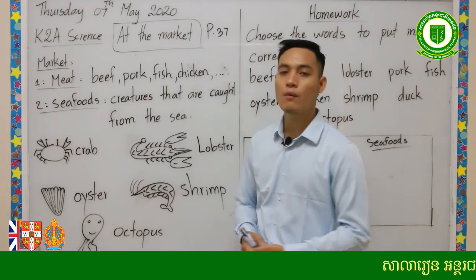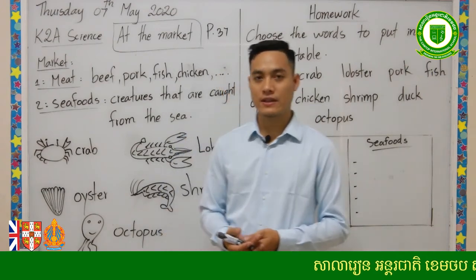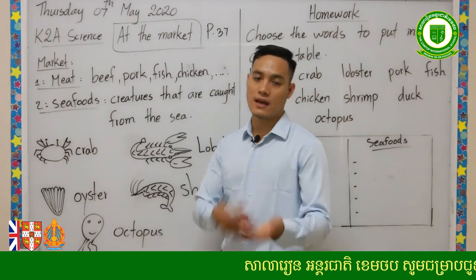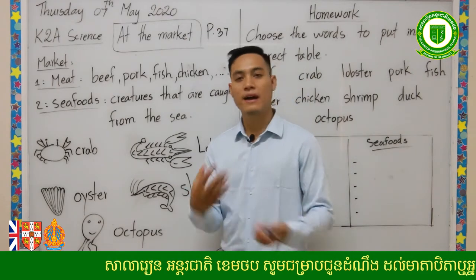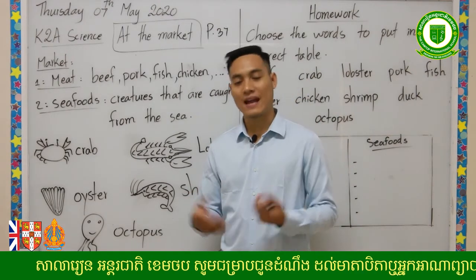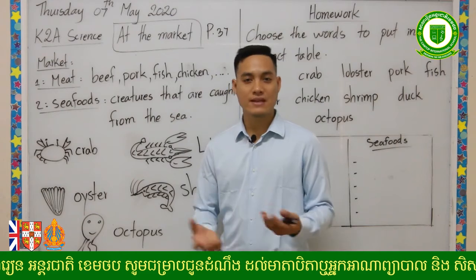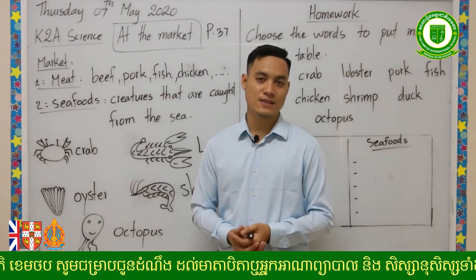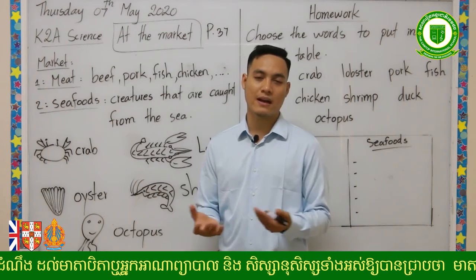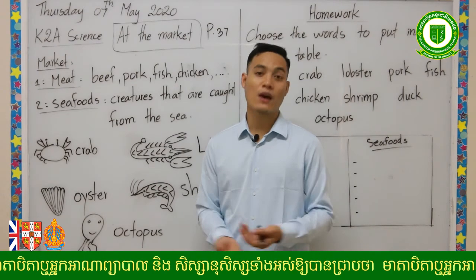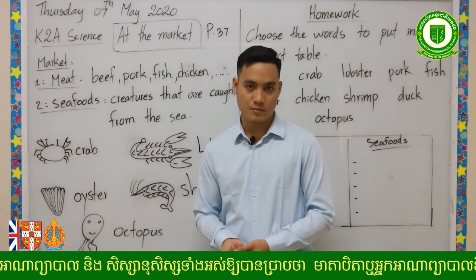Okay, so we have many different definitions that you can talk about market. And what can you buy at the market? So the answer is you can buy meat, seafoods, vegetables or fruits, clothes and any other items.